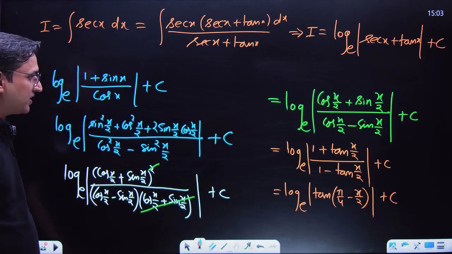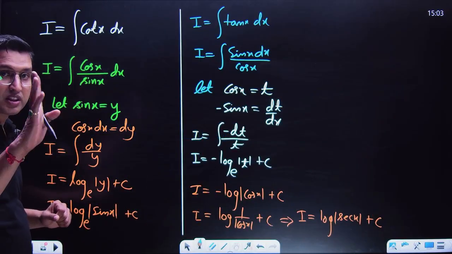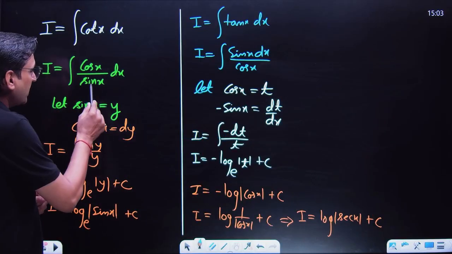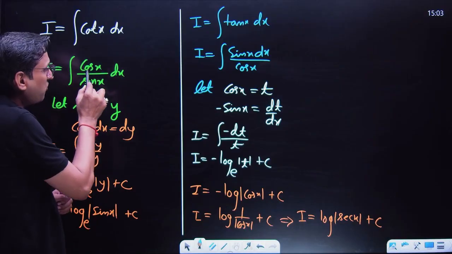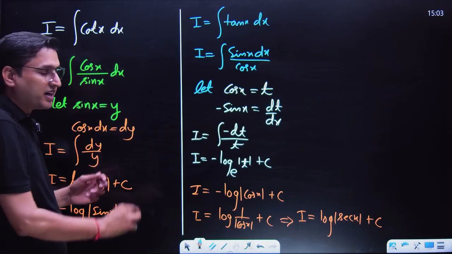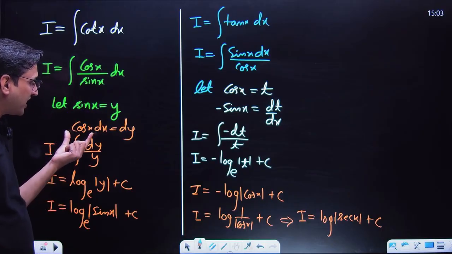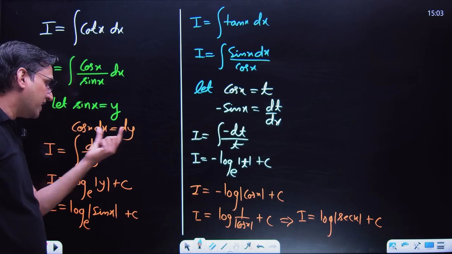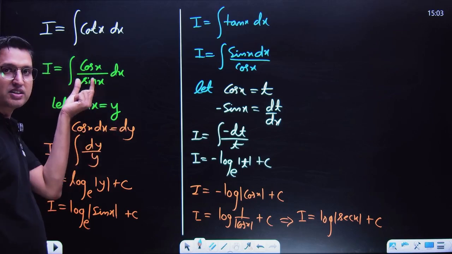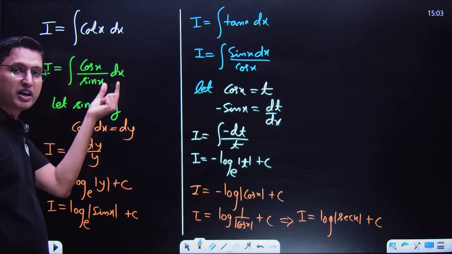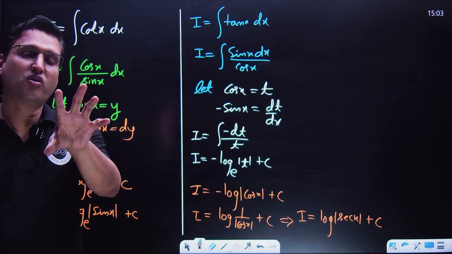Same for sec x. We did it for cot x also using the substitution method. We wrote cot x in the form of cos x upon sin x, and we have taken sin x as y, and differentiating sin x with respect to x, we are getting this expression. In the substitution case, cos x dx is becoming dy, and dy upon y can be written as natural log of modulus y.